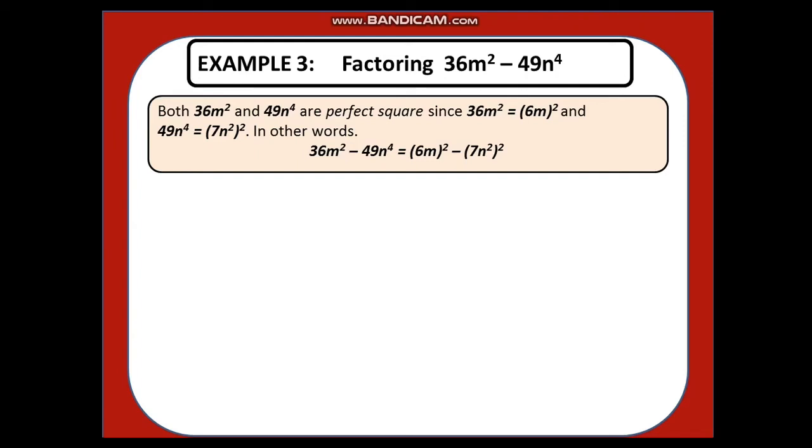In other words, 36m squared minus 49n to the 4th is equal to 6m quantity squared minus 7n squared quantity squared.